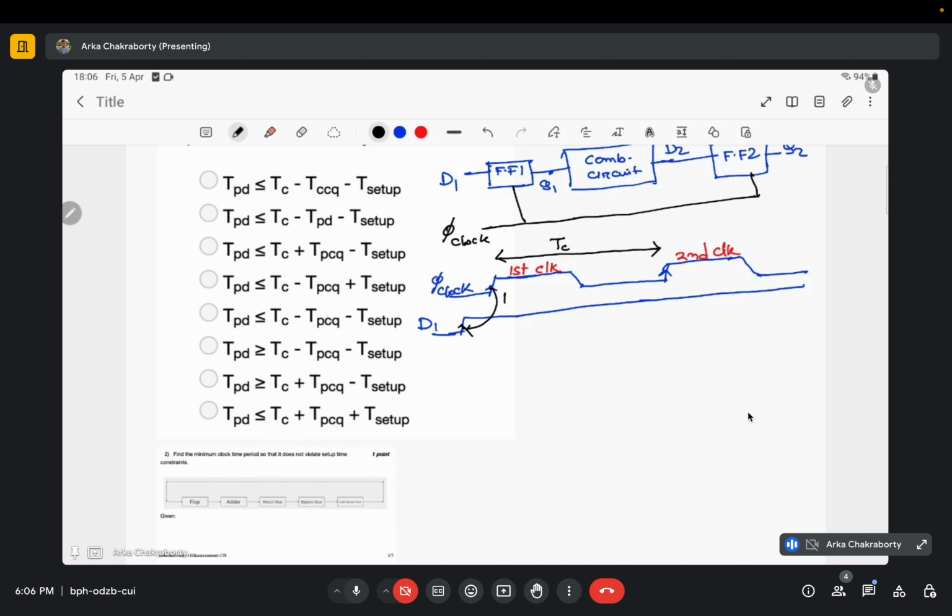It is called setup time, right? T setup. Let me write it in capital. This is my setup time.